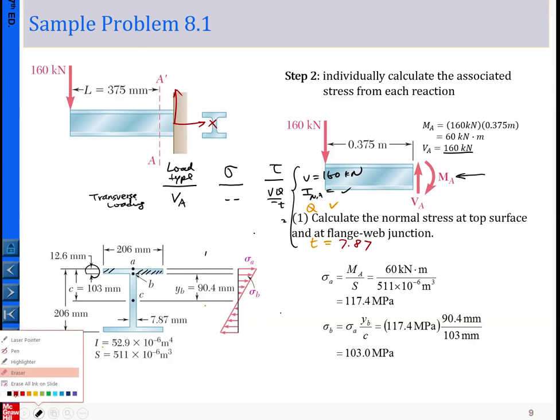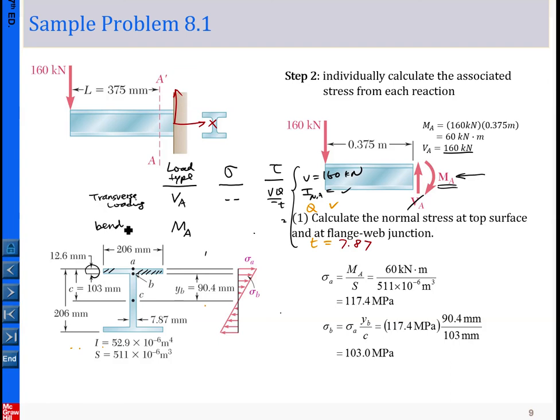So for the second one, we have done this one, now we work on this one. The second loading type is MA, a bending moment. We know the bending moment contributes nothing to shear stress, so this one is not available. For this case, the magnitude equals My over I, and that is our template.